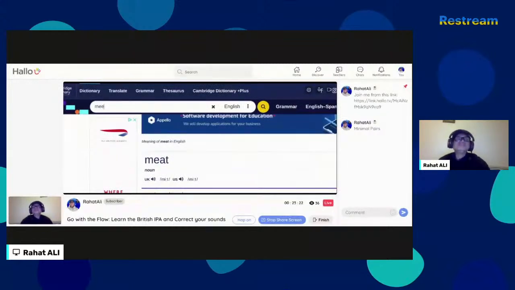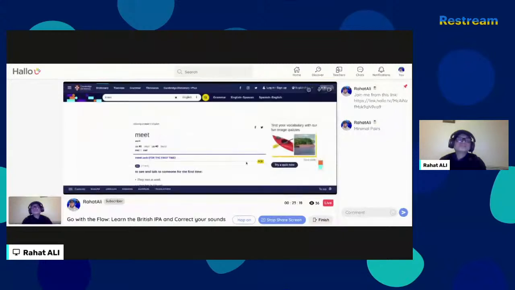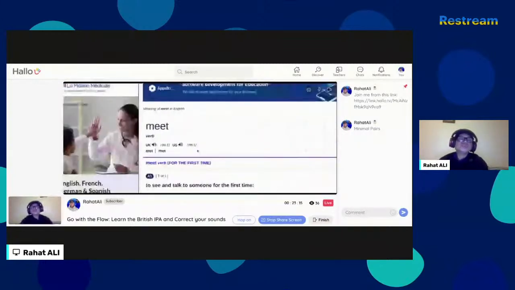How about the other word? Please note that they've got similar phonetic or phoneme sounds. So meat, meat, no difference at all.